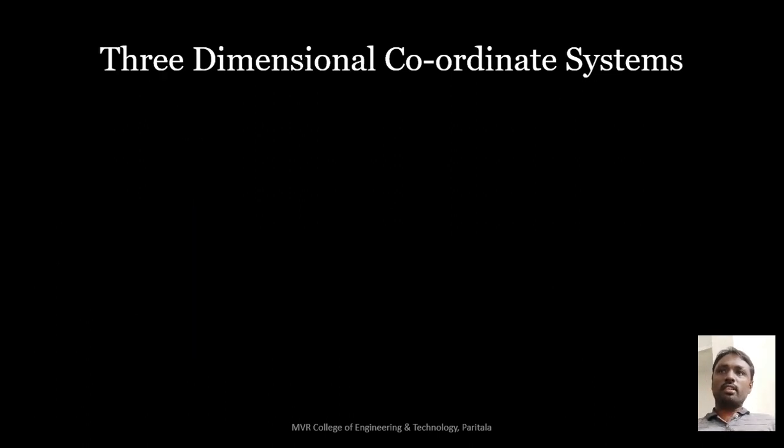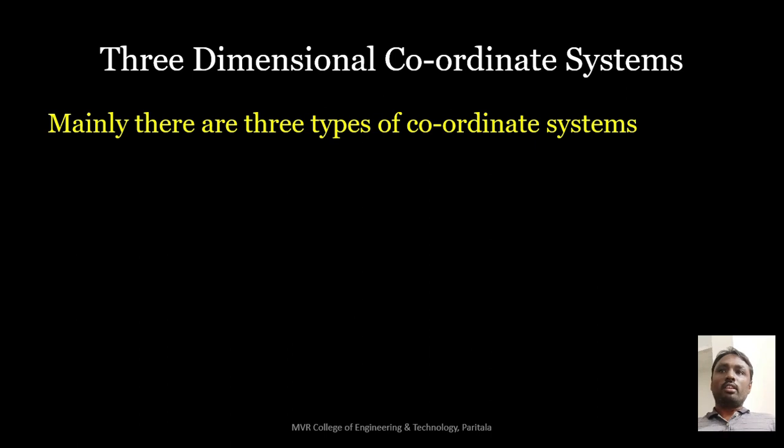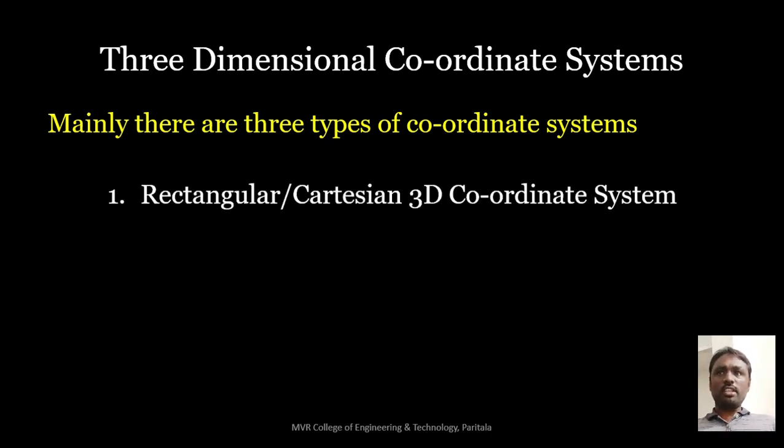The next topic is the major types of three-dimensional coordinate systems. These are the types you have to write in the examination; you need not write left-handed and right-handed. Mainly these coordinate systems are of three types. The first is the rectangular or Cartesian 3D coordinate system.